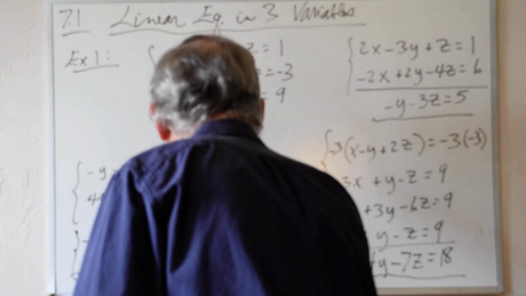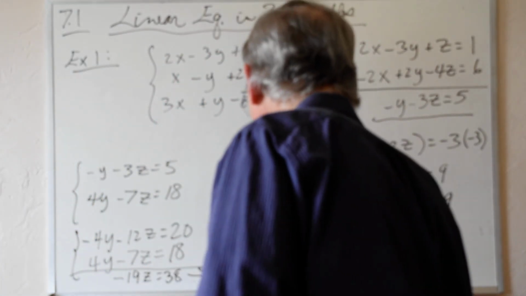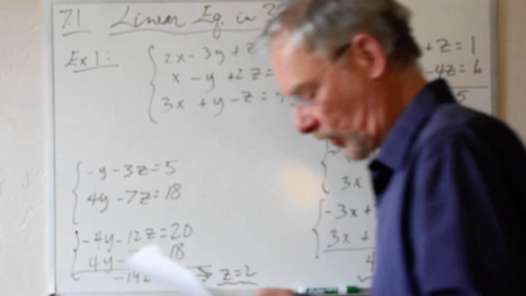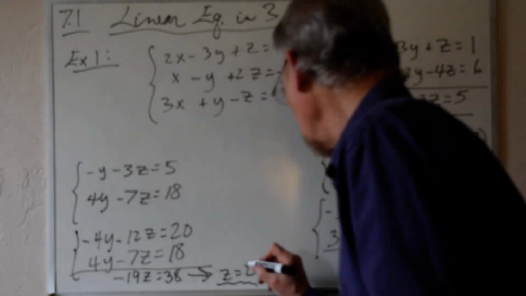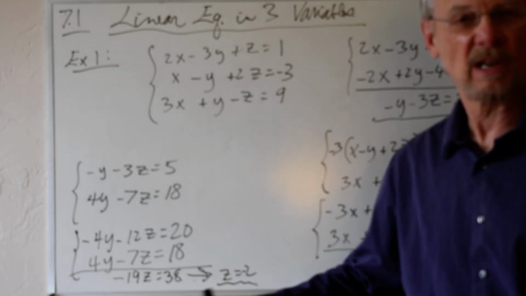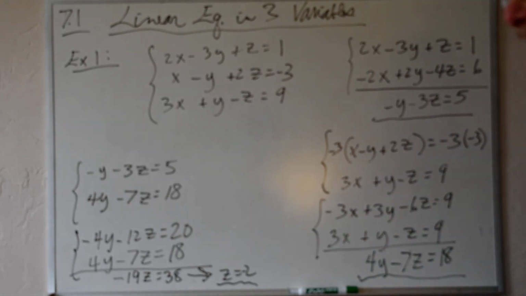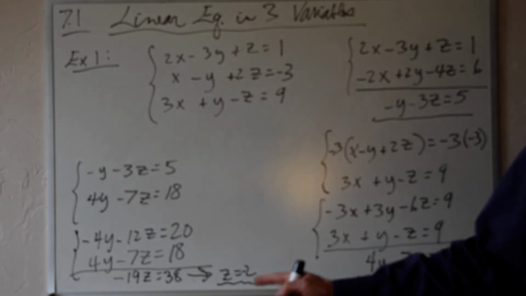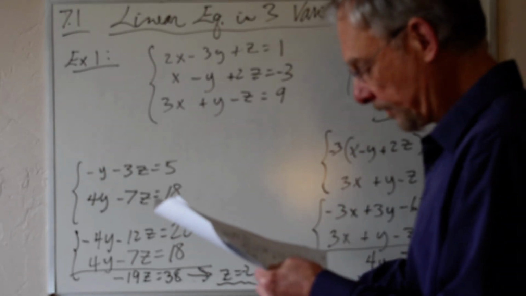Ugly numbers, but when I divide these up by negative 19, I get z equals negative 2. Because these books have a bunch of problems where the numbers work out right. So that's why it looks so nice. Now, we have figured out one variable.